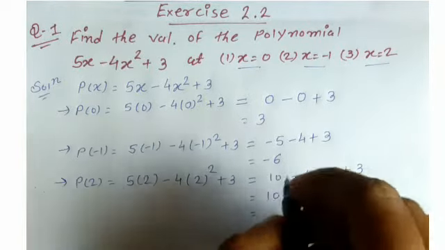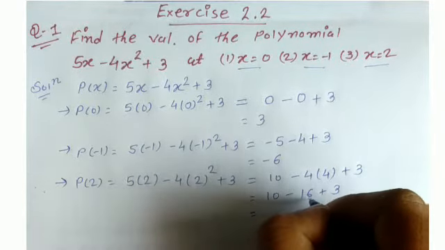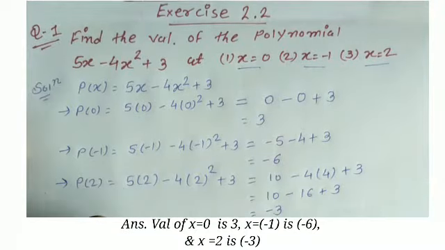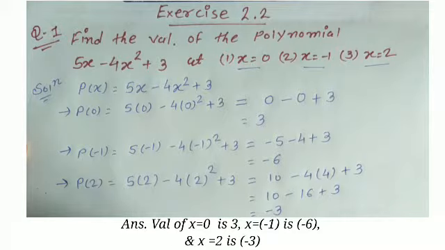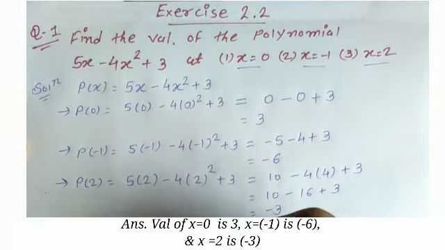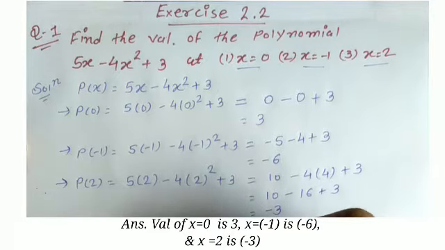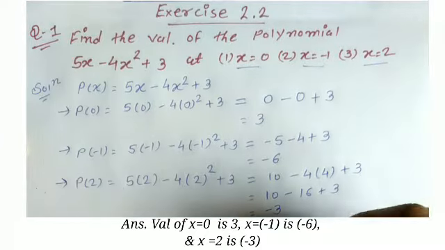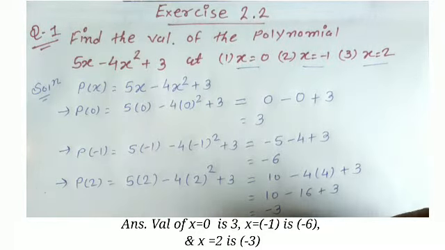That's why our answer is 10 minus 16 is minus 6 plus 3. So minus 3. So the answer is: the value at x is equal to 0 is 3, at x is equal to minus 1 is minus 6, and at x is equal to 2 is minus 3.